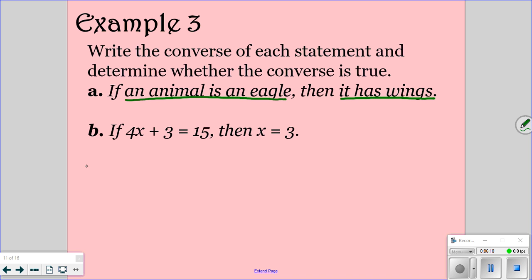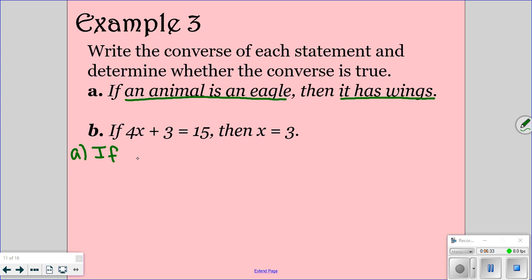So for part A, our converse is going to be if. Now if I say if it has wings, we don't know what the antecedent of it is. Hopefully you've heard of antecedent, but we don't know what it is referring to because we're just starting our statement.